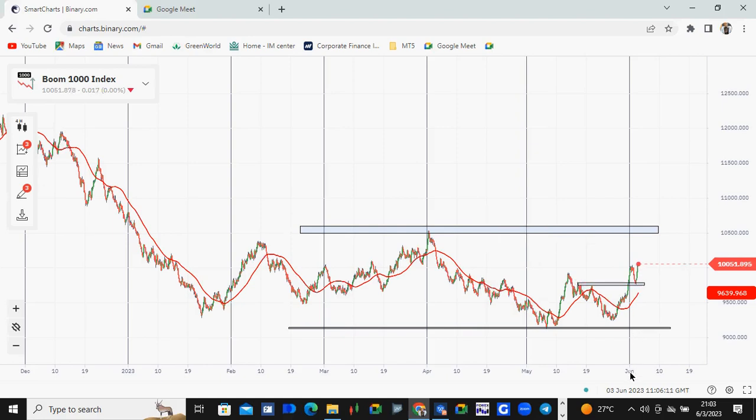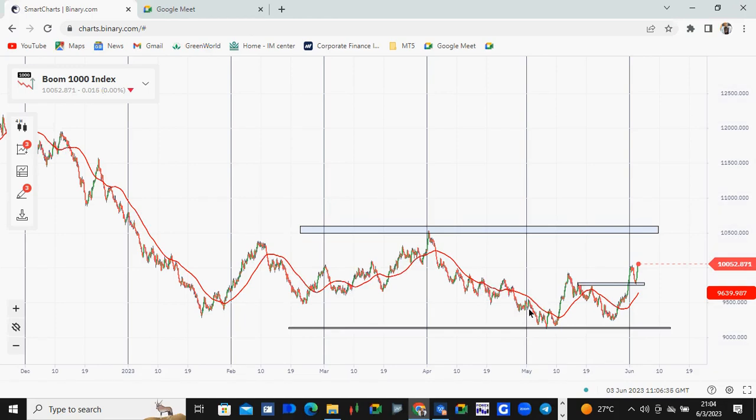Now when you see June, when we go back here, May. The whole May, the market was ranging. It goes up, it comes back. When you look at the whole April, there was a downtrend.